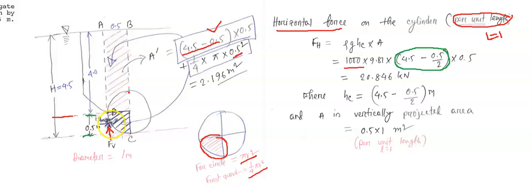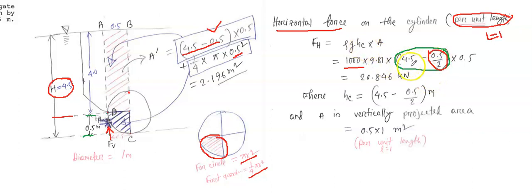So if we consider the distance from the centroid, it should be 0.5 over 2. So look here, this is 0.5 over 2. That means this is the centroid distance, and then we need to subtract it from this whole distance 4.5. So this is 4.5 minus 0.5 by 2, right?